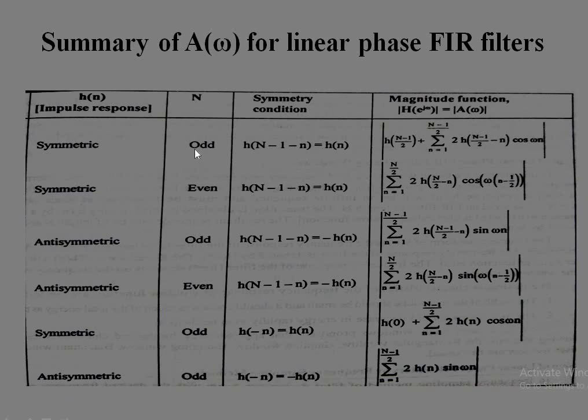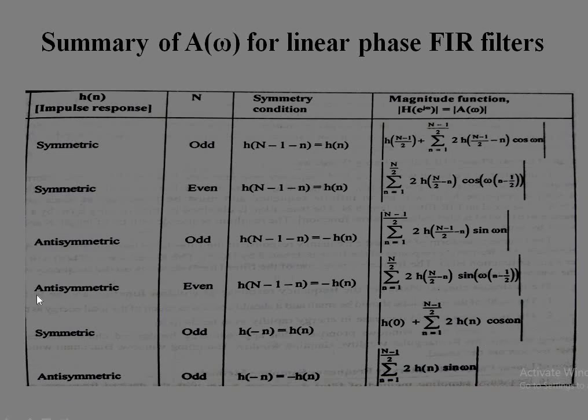The symmetric odd case, case 1, once again: here h of (N minus 1) by 2 is made to be h of 0, and therefore it was represented as h of 0 plus sigma n is equal to 1 to (N minus 1) by 2 of h of 0 minus n. Since h of minus n is equal to h of n in this case, we observe this symmetry and represent it as 2 h of n cos omega n.